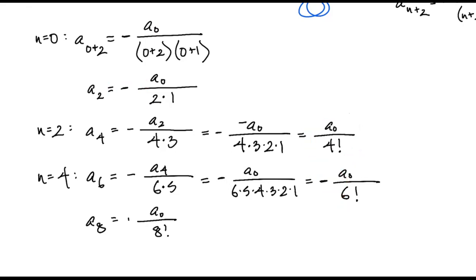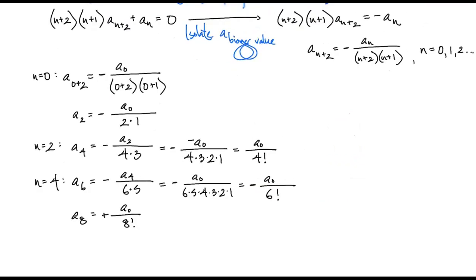I bet this next one is going to be positive. Okay. Cool. A sub 10, is that going to be positive or negative? Yeah, that's going to be negative, right? So in other words, it's going to be alternating signs, all right?